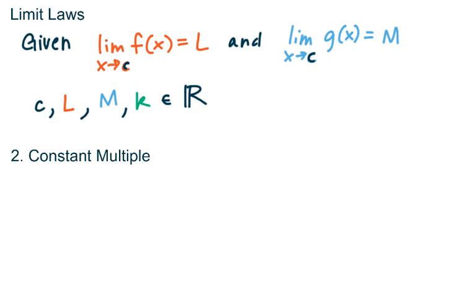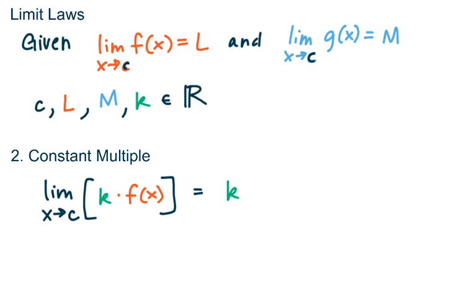Our second law is the constant multiple law. This can be applied if we have the limit as x approaches c of some constant k times the function f of x. Well, the constant multiple law says you can pull that constant in front of our limit operation.